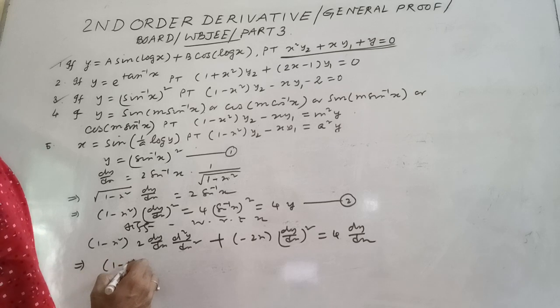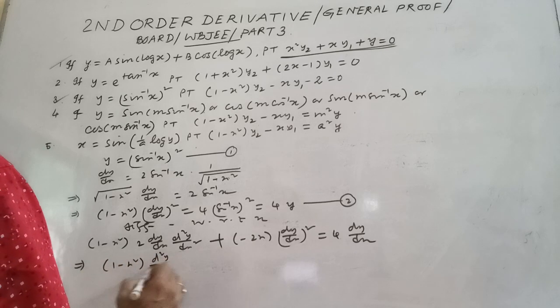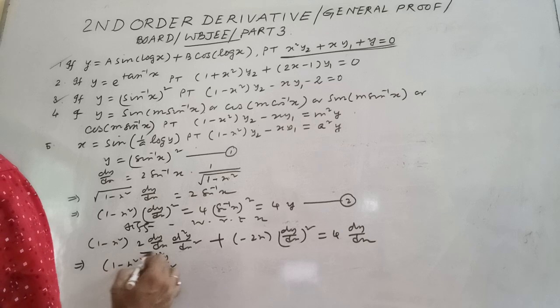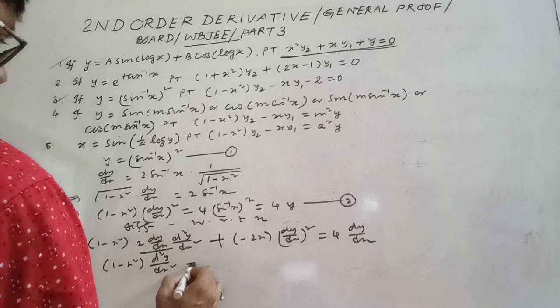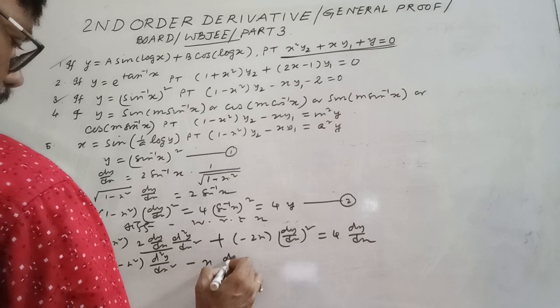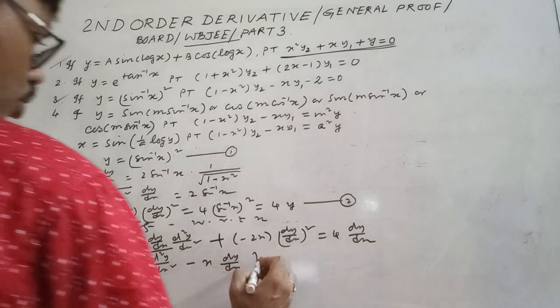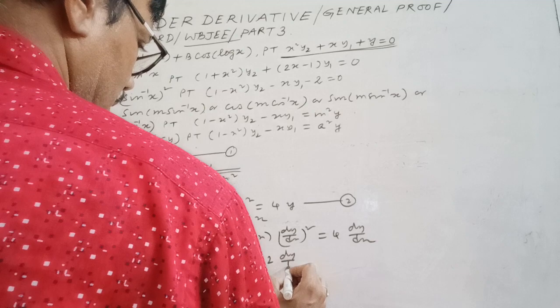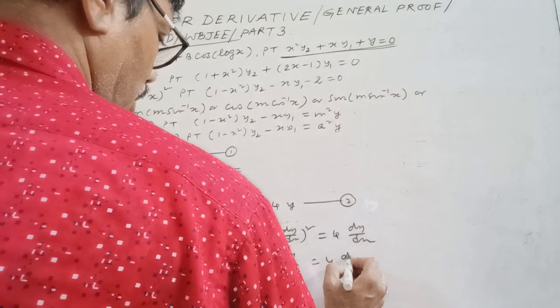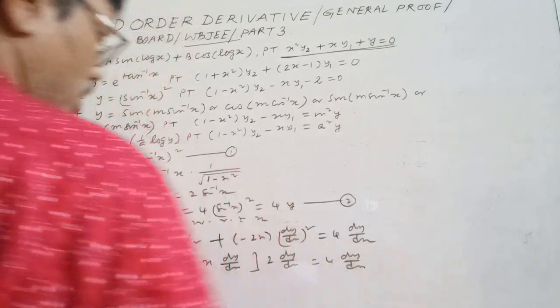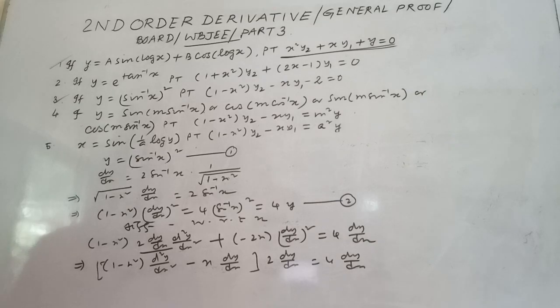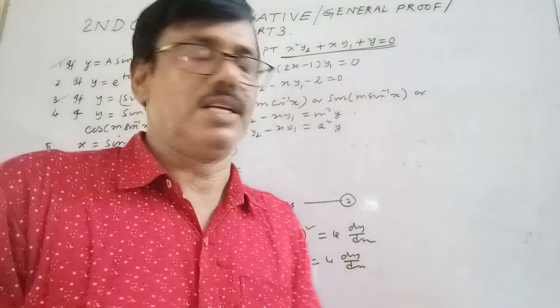1 minus x square into d2y by dx2, minus x into dy by dx, multiplied by 2 dy by dx, equals 4 dy by dx. So 2 dy by dx will be cancelled on both sides.